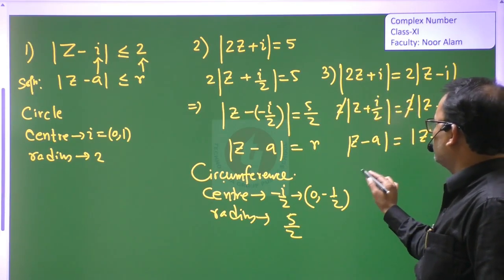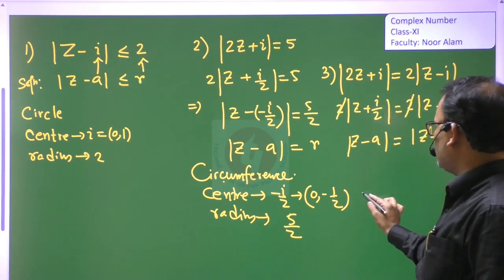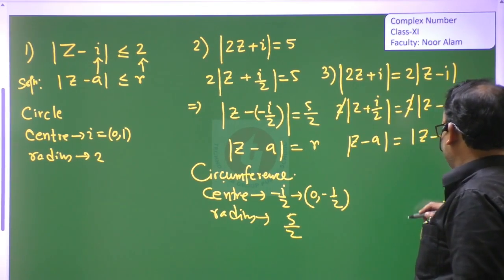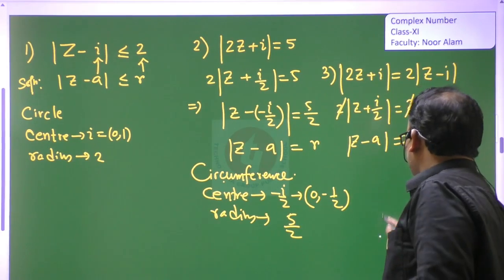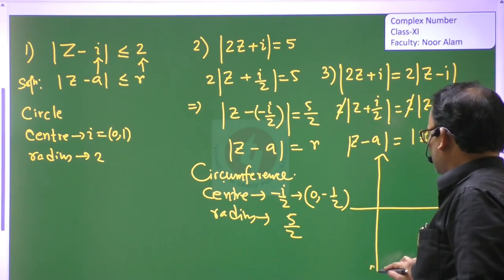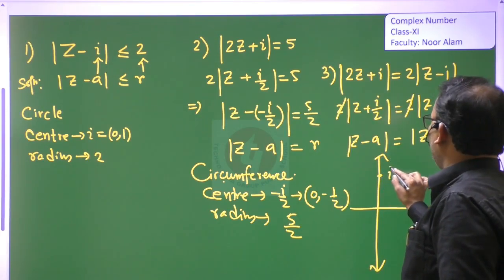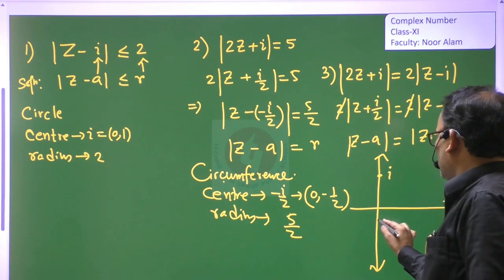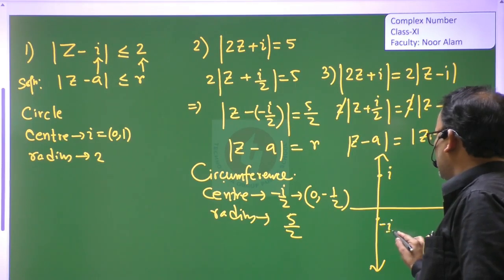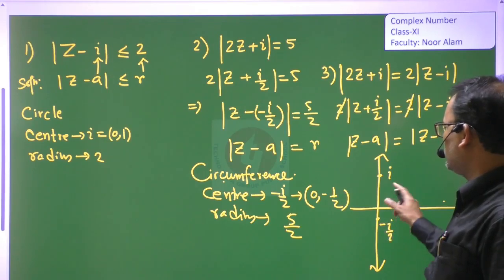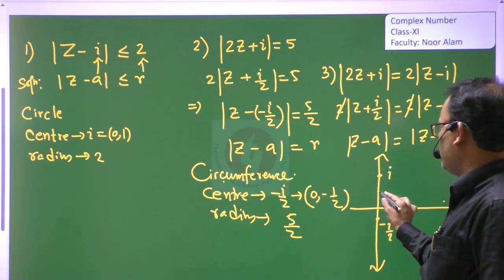So therefore it is the perpendicular bisector of the line joining the points. One is iota, which you can take on the y-axis. Clearly we can draw it: here is iota, and the other, according to this one, is minus iota by 2. So one point is 1, the other is minus half, and if you take their addition, it will be half, divided by 2, so it will be 1 by 4.